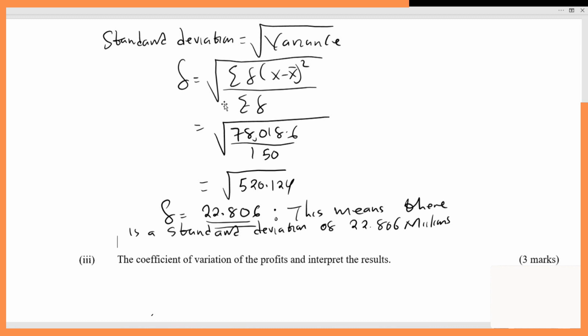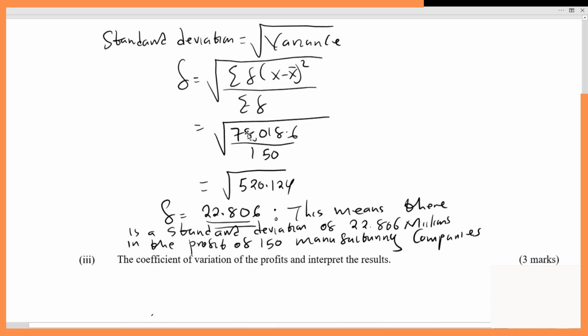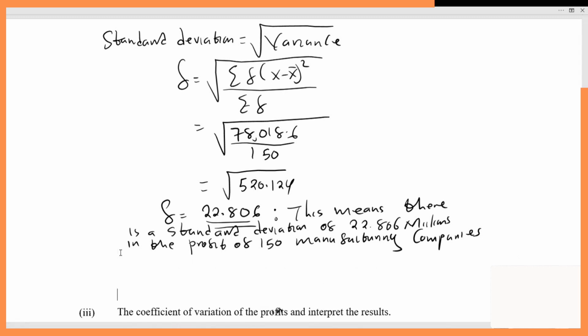That is the standard deviation in the profit of 150 manufacturing companies in that given year.